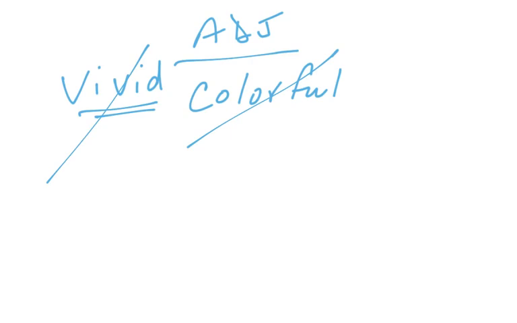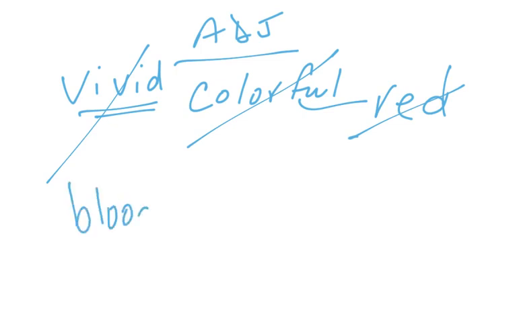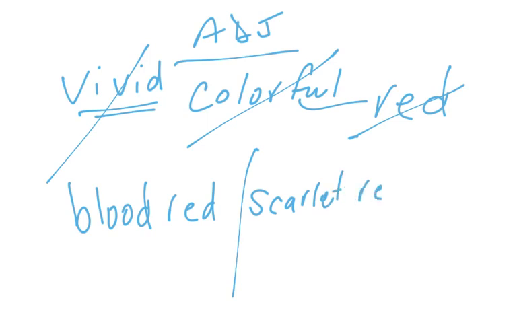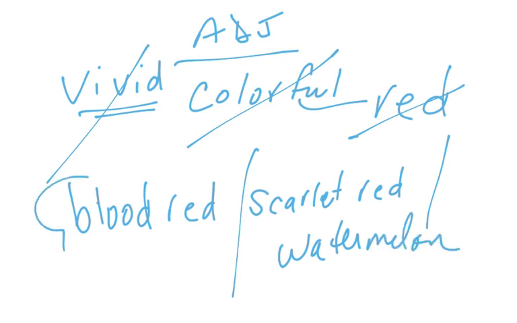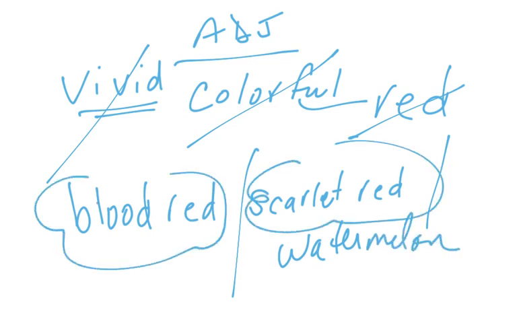And maybe we get to a specific color, red. And then we start factoring that. Perhaps we get to blood red, a possibility. Maybe a scarlet red. Or maybe a watermelon. So we've come up with three perhaps prime forms of vivid.